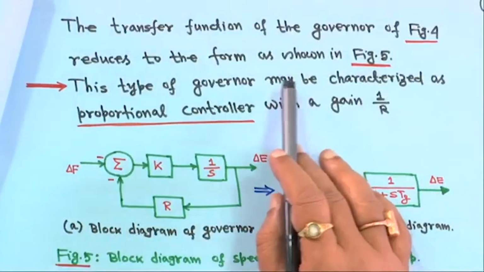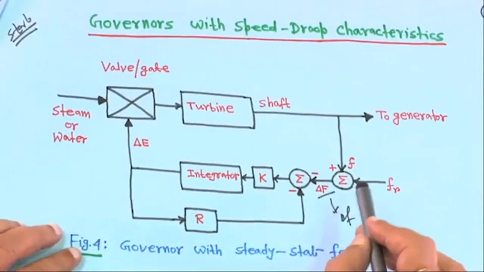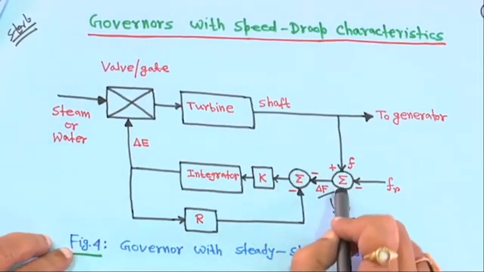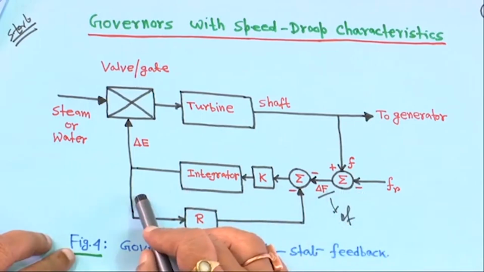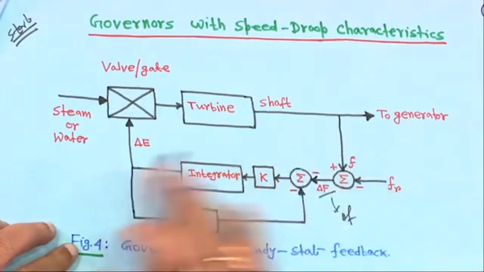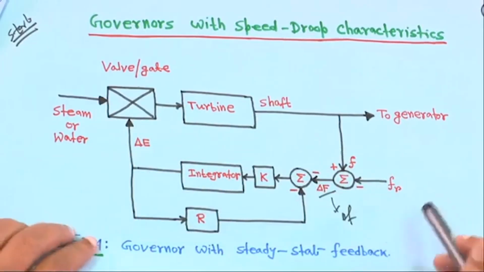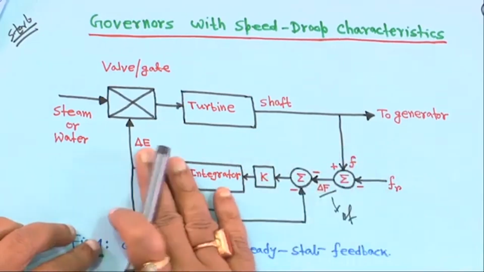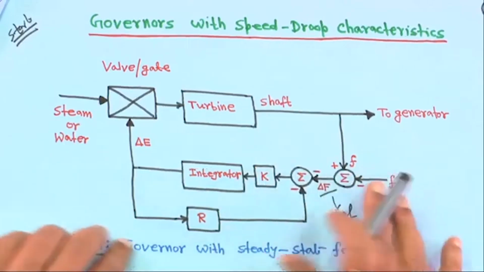This reduces as shown in figure 5. Here, this portion is to your right hand side and this is to the left hand side, but we will make a 180 degree shift in the block diagram. This portion will come to this side, and that portion to the other side, but the meaning is the same.